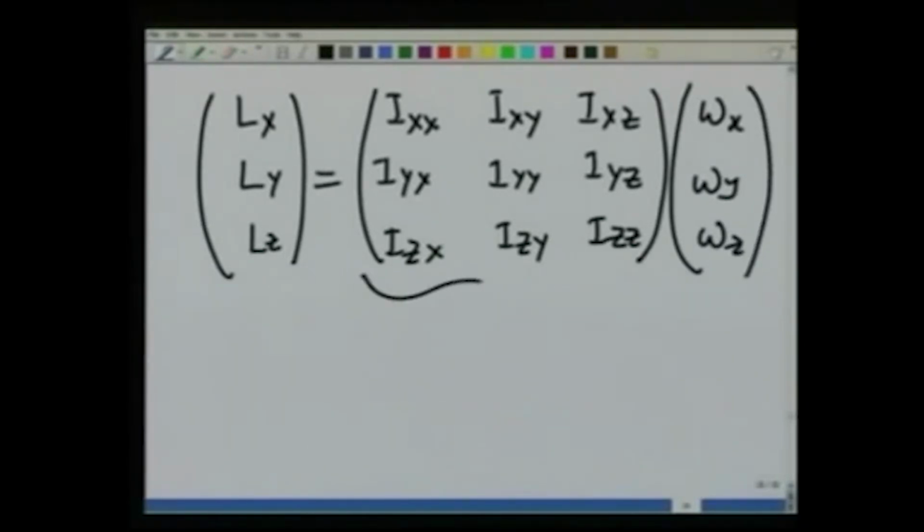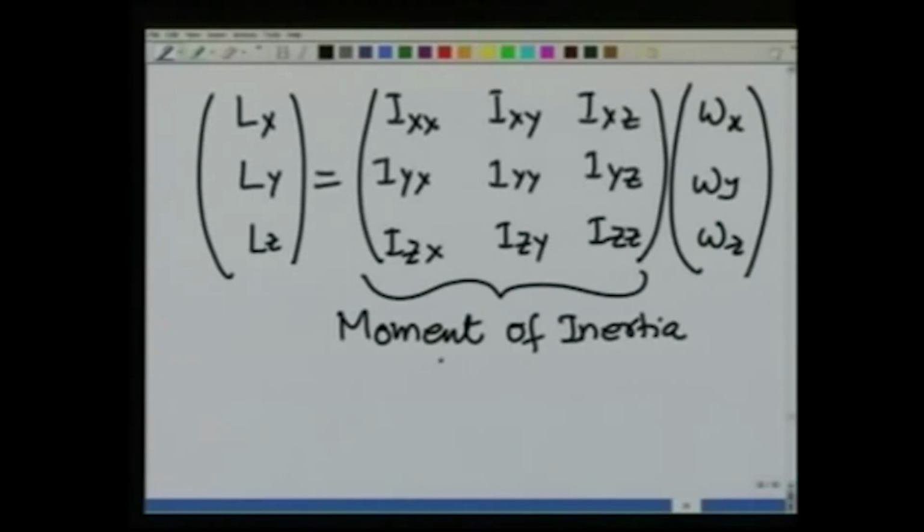And this matrix is known as the moment of inertia tensor. It is a tensor because it has 9 components which transform in a particular way.